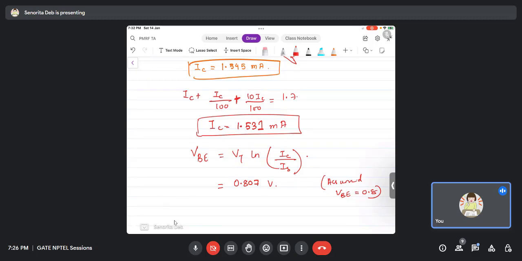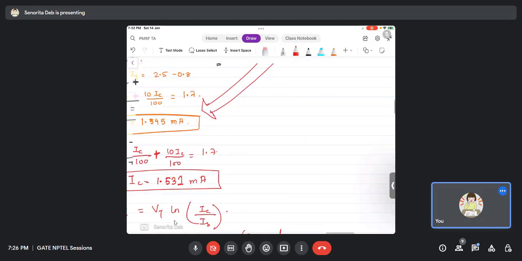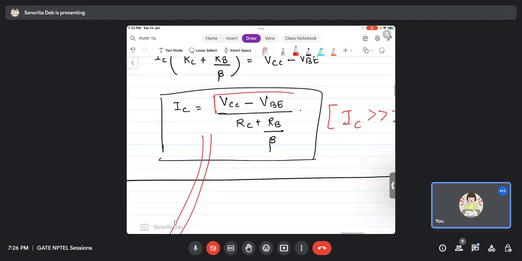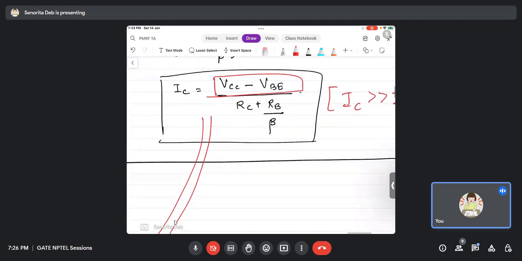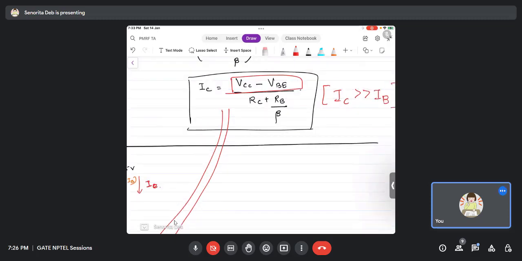Now you should remember that this variation you actually have to compare with this value in the numerator, right? So any variation in the value of VBE, say delta VBE. So IC will be equal to VCC minus (VBE plus delta VBE) upon RC plus RB by beta.